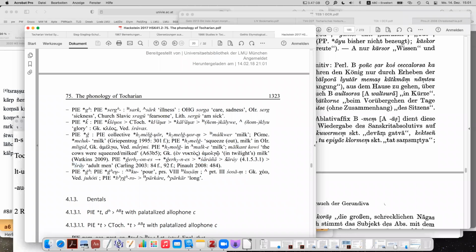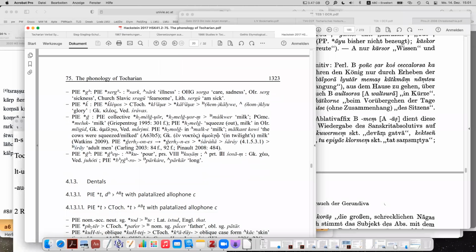Yeah. And then, for example, the root for "pour" is registered or recorded in the book as ku. So this is actually the 0th grade ku. The Proto-Indo-European form is giech eu.